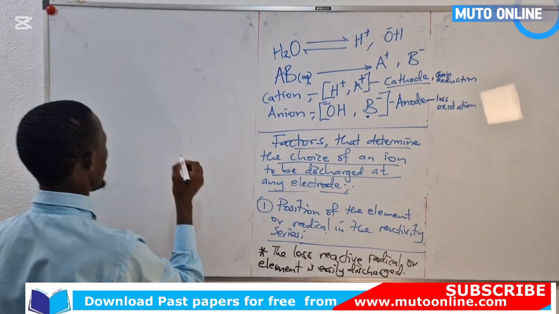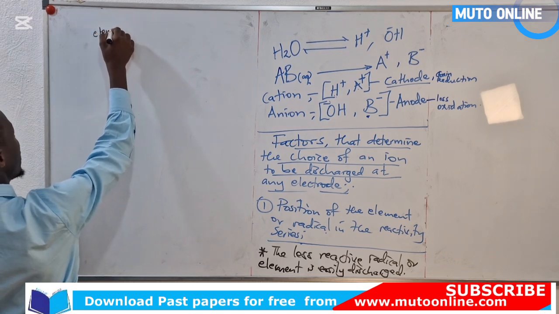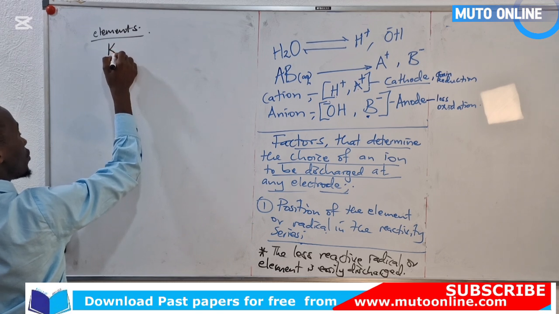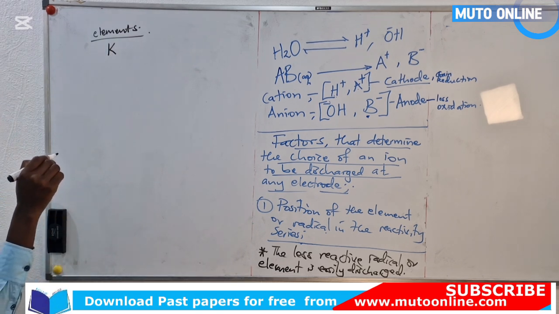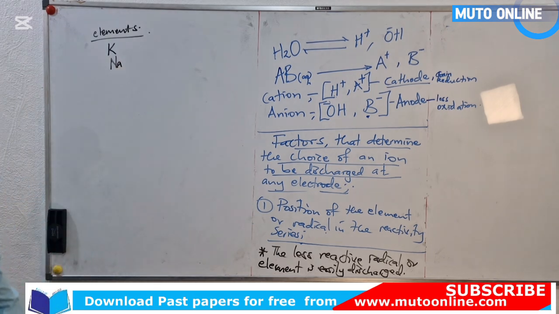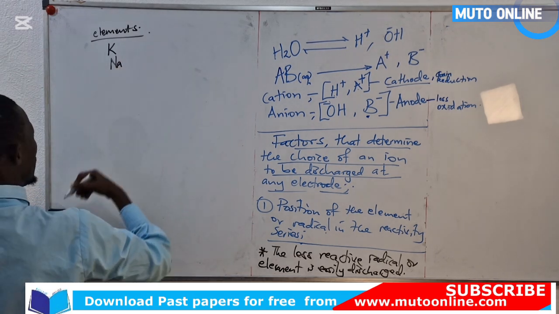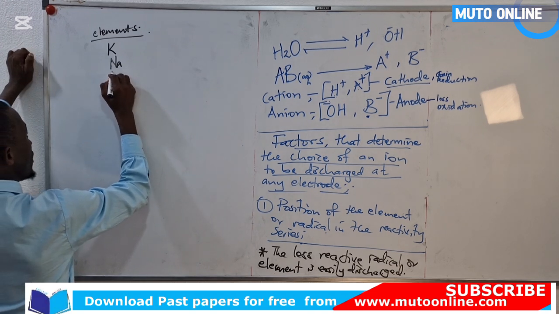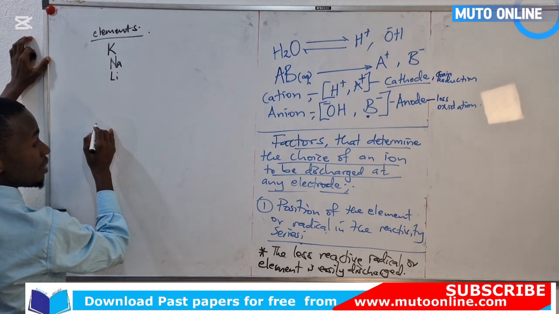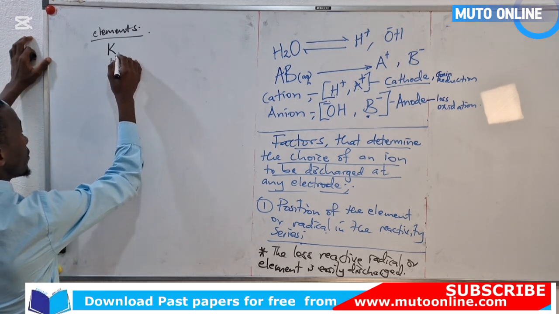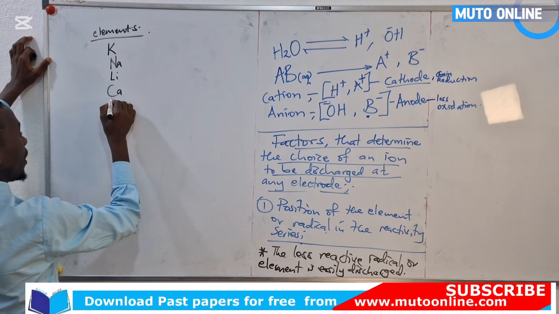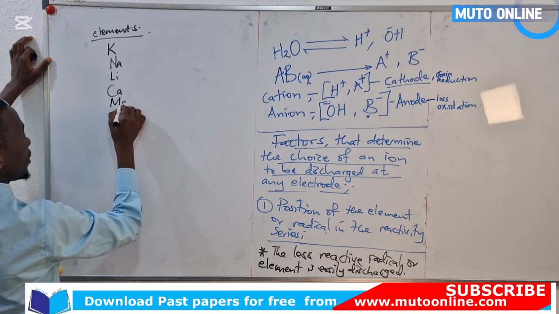We know the reactivity series. Let's start with that of elements. We know potassium as the most reactive. Sodium. We remember the reactivity series in the previous videos. Potassium, sodium. Sometimes they bring lithium here. I think we are flowing. Calcium comes. Magnesium comes.